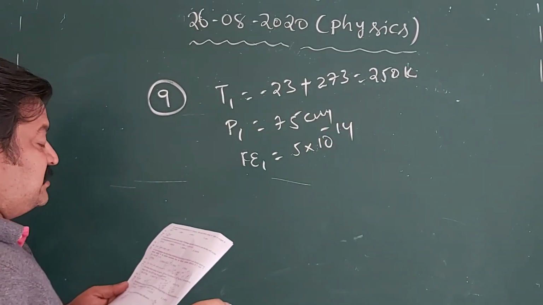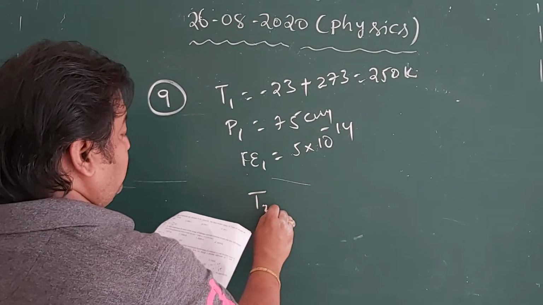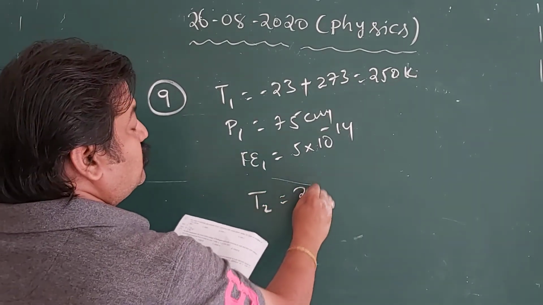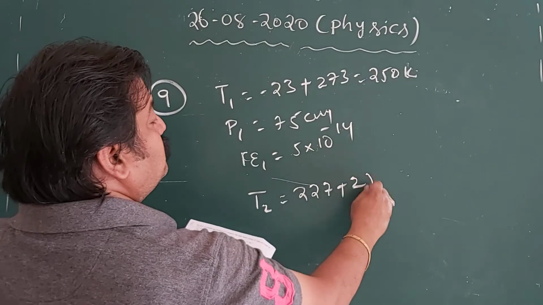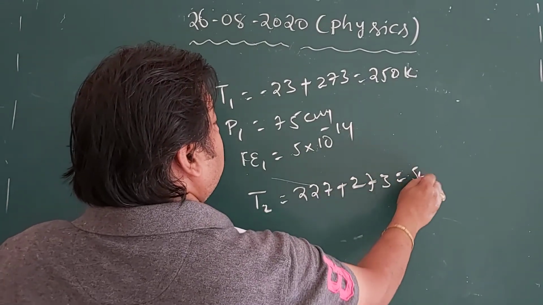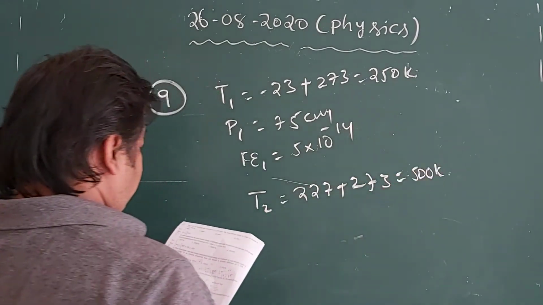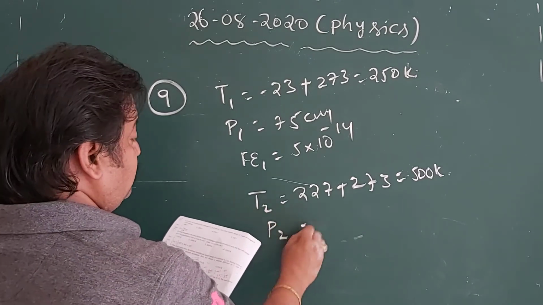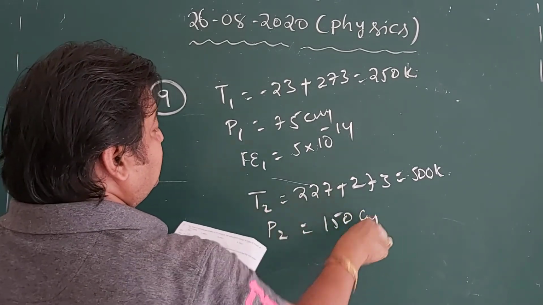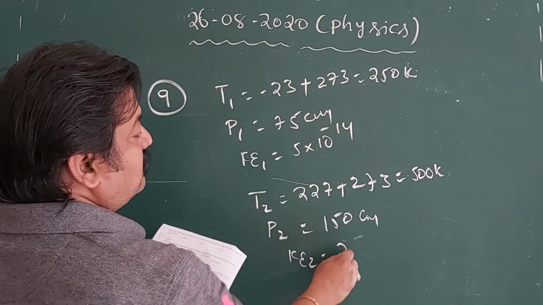The mean kinetic energy of O2 at T2 is equal to 227 plus 273, that is equal to 500 Kelvin, at pressure P2 equal to 150 centimeter. Then KE2 is equal to question mark.